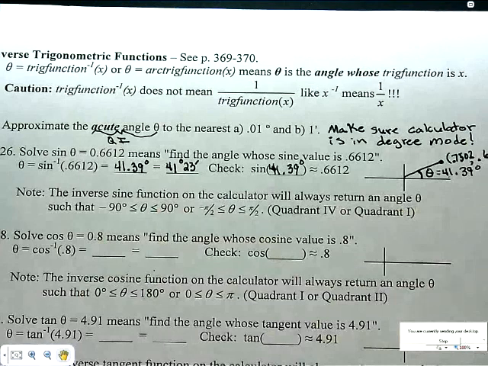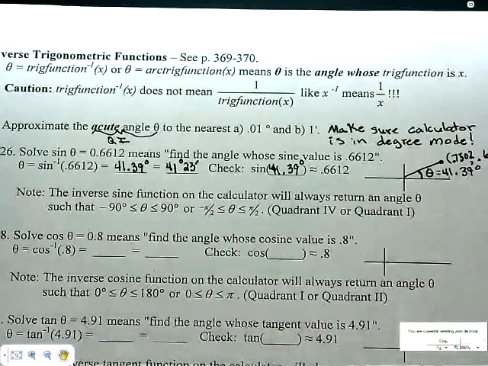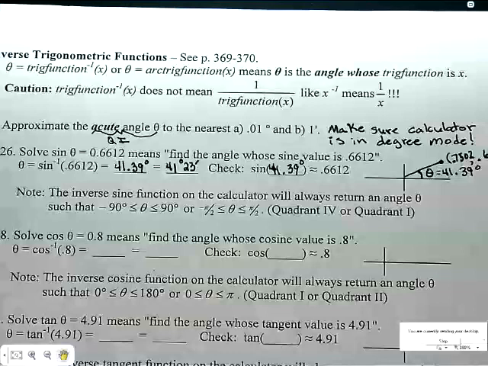Therefore, it does not pass the horizontal line test. Therefore, it is not one-to-one. Therefore, we can't talk about its inverse unless we only use a portion of the domain over which the function is one-to-one. Just like y equals x squared is not one-to-one. We can't talk about the inverse of y equals x squared unless we restrict the domain to either the left half of the parabola or the right half of the parabola. And the same thing for sine.